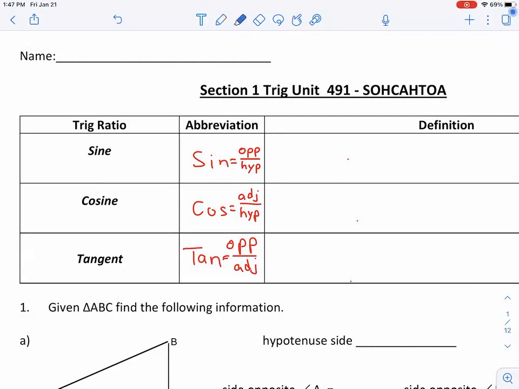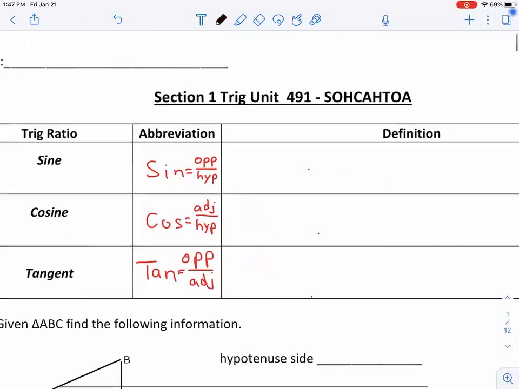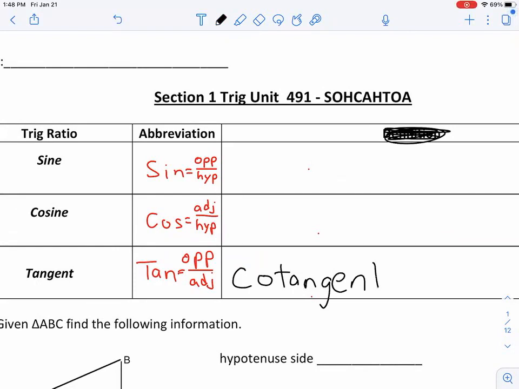Now, these are the three most famous trig ratios, but there are three others that we're going to talk about. I'm going to write them in kind of a weird order. I'm just going to write cotangent, secant, and cosecant.